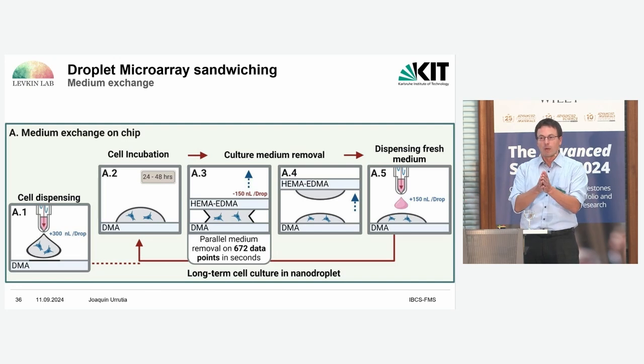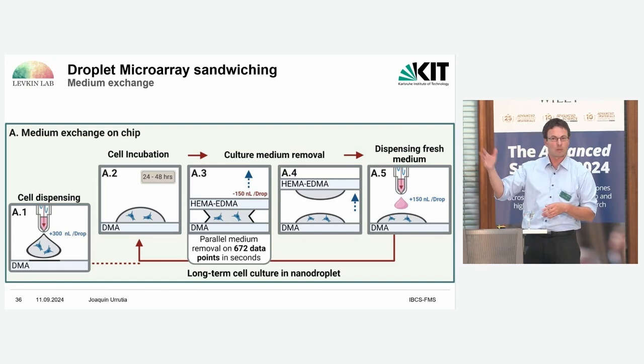And how would you do this if you have 10,000 droplets of 200 nanoliters, and it's even hard to see them? How to exchange the medium? Because usually biologists use pipetting robots and pipettes, but here it's not possible.